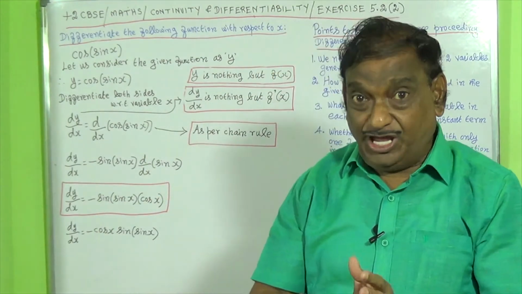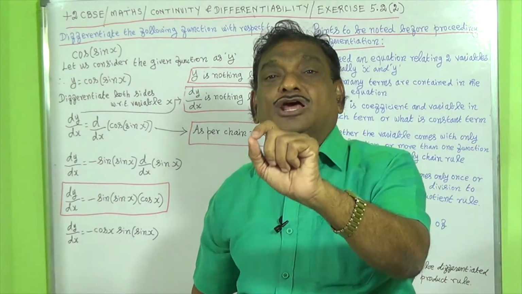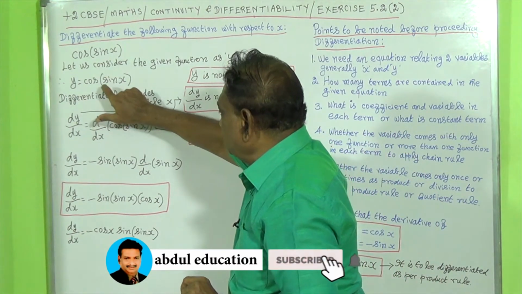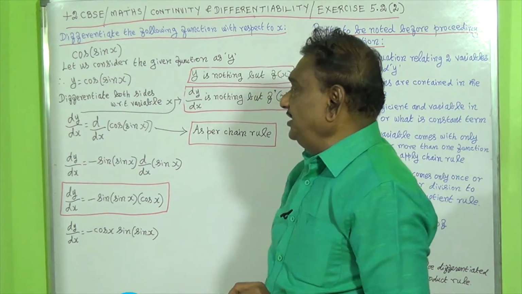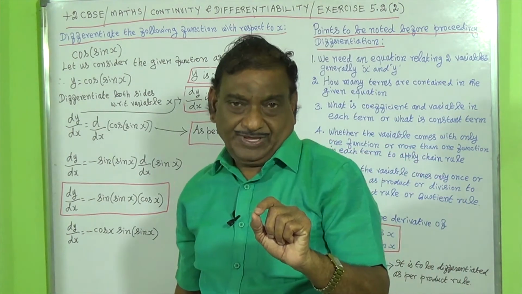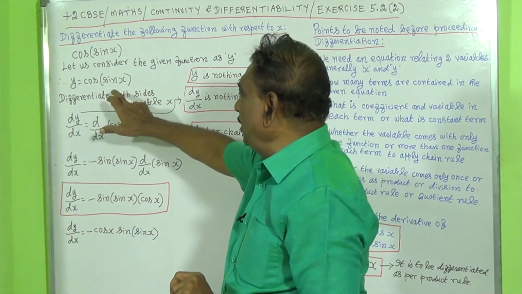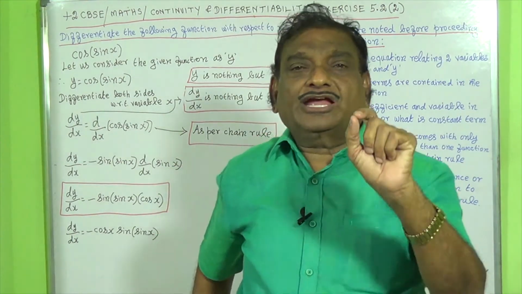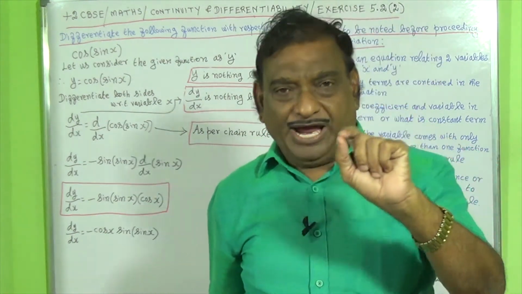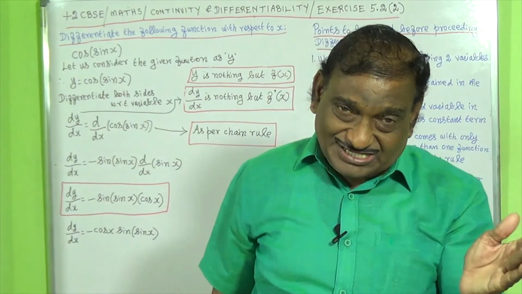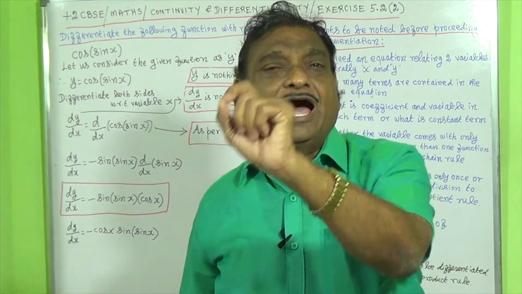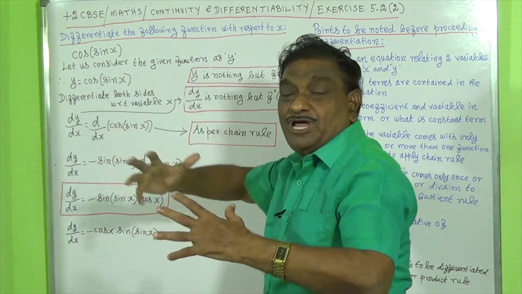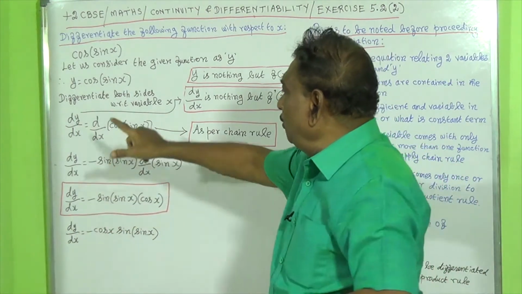There is only one term in this given function, that is on the right side, cos of sin x. What is a term? If some data are connected or combined with plus or minus, each data is called a term. Here no term is connected with plus or minus, so there is only one term.